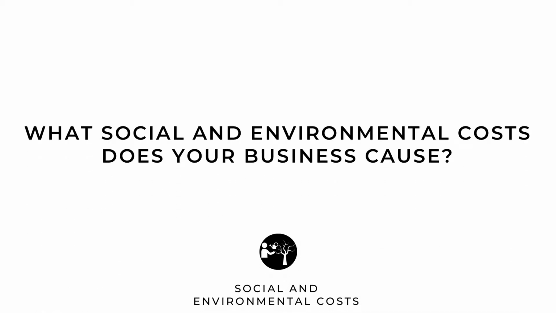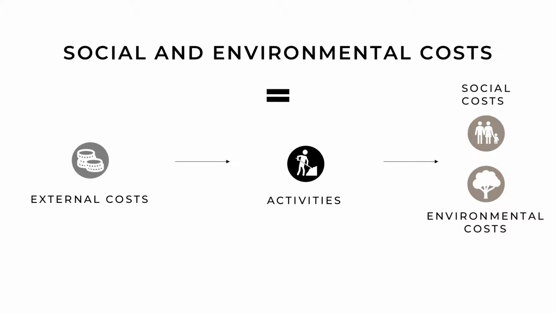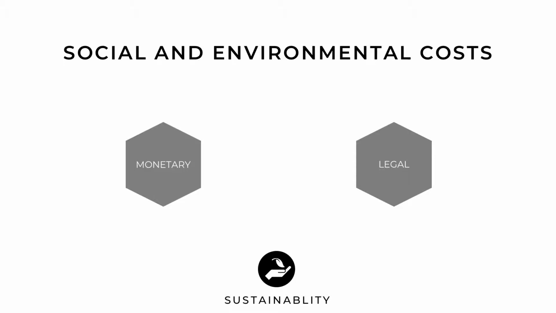What social and environmental costs does your business cause? Social and environmental costs differ from your business operating costs. These are external costs resulting from your activities' impact on the environment and society. You have to take these potential costs into account when designing your business model and mitigate them as these have monetary and legal implications for the overall sustainability of your business.